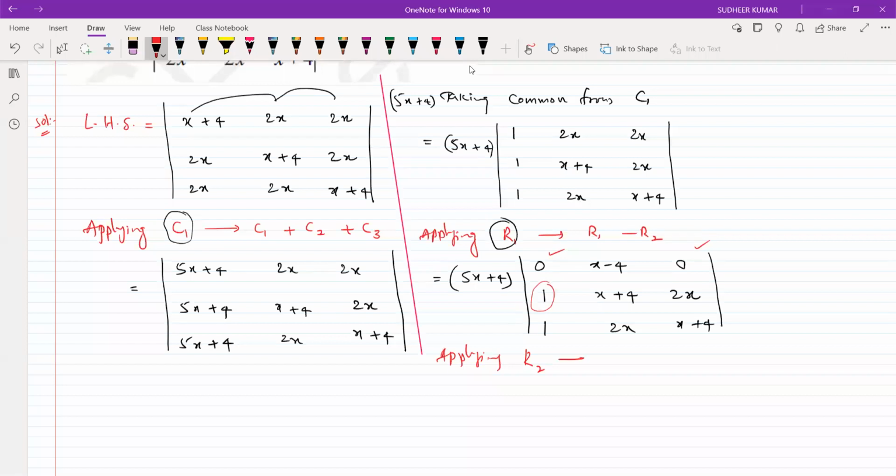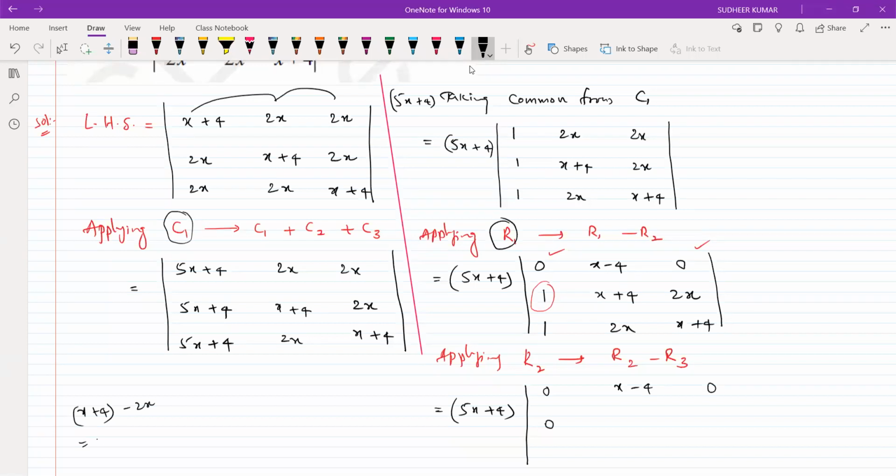So let us take R2 changed as R2 minus R3, isn't it? Then this result is 5x plus 4 times R1 remains the same: 0, x minus 4, and this is also 0. Then 1 minus 1 is 0. Here what do we get as the result now? This is x plus 4 minus 2x.